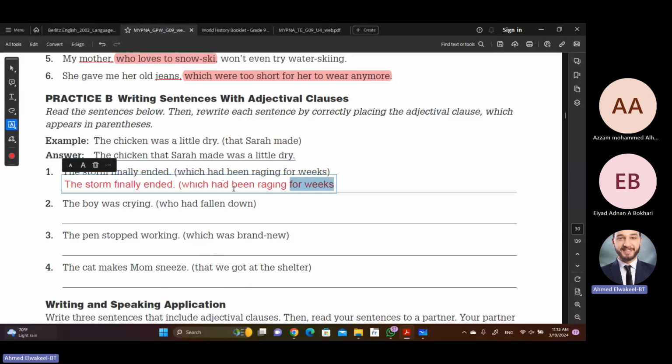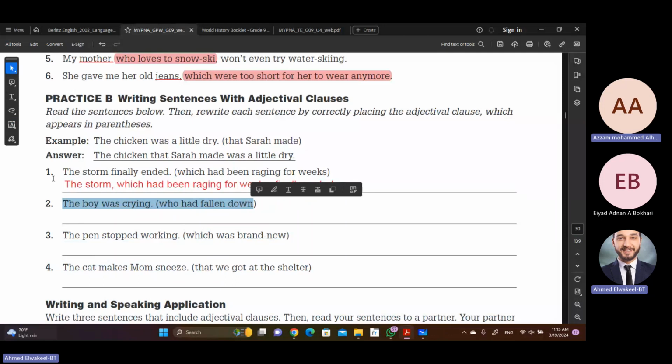Nice. So I'm going to take all of that subordinate clause and directly here after the storm, I'll put a comma, just like that. So the storm, which had been raging for weeks, finally ended. Number two, Azza. The boy who had fallen down was crying.